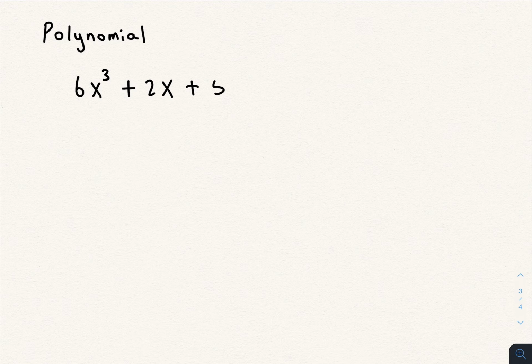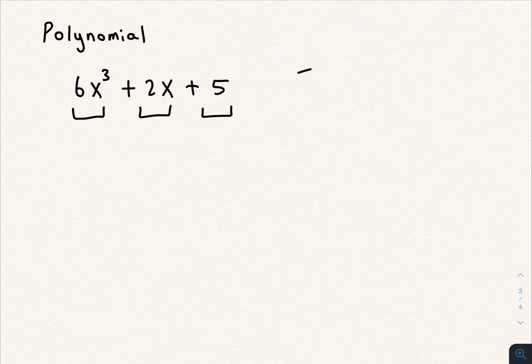The word polynomial is used to describe these expressions composed of numbers, variables, and exponents. The number of terms in the polynomial defines what we call it. So this one, there's 1, 2, 3 terms.